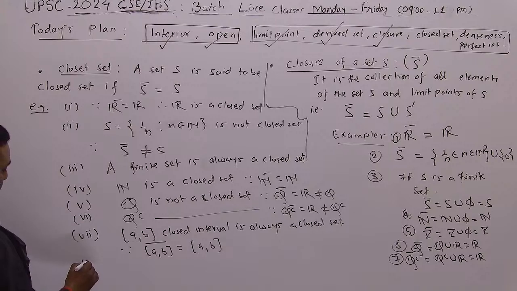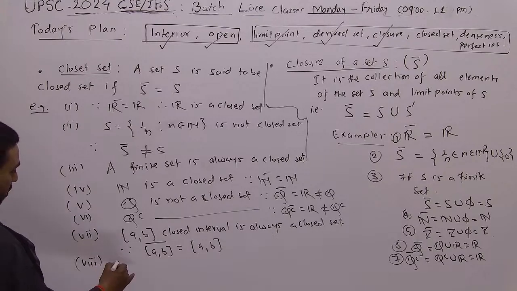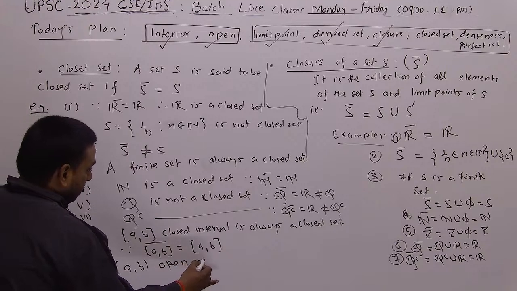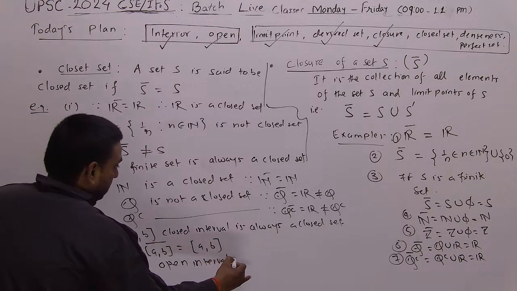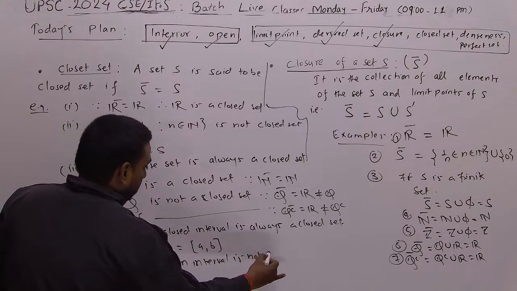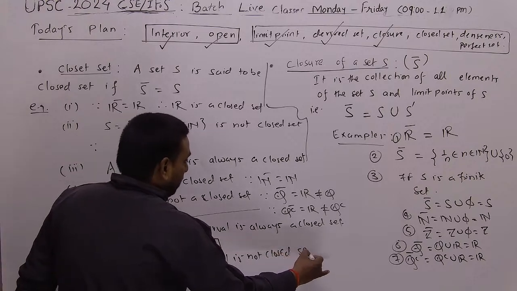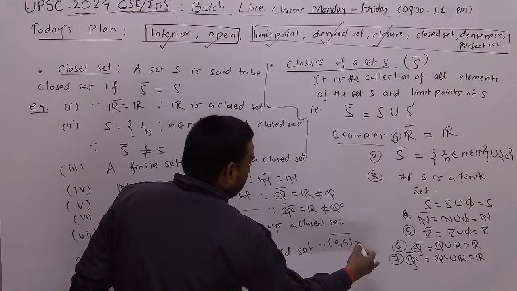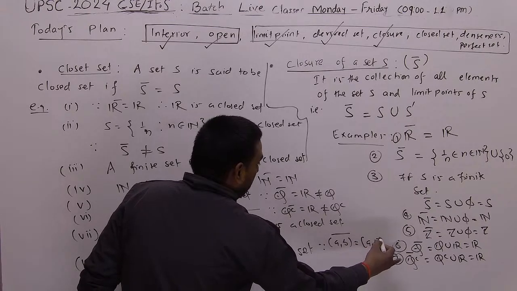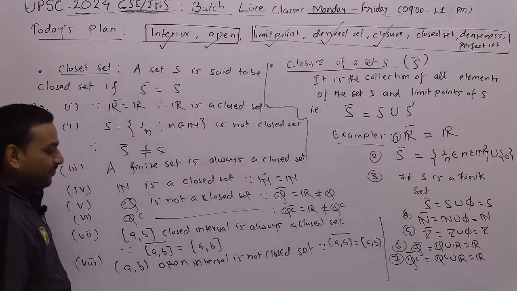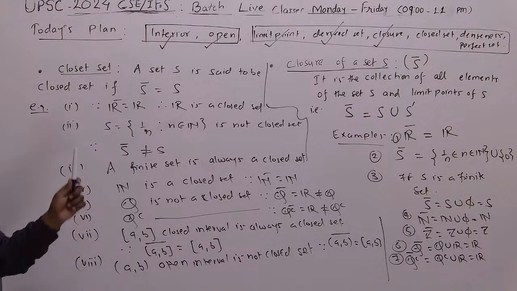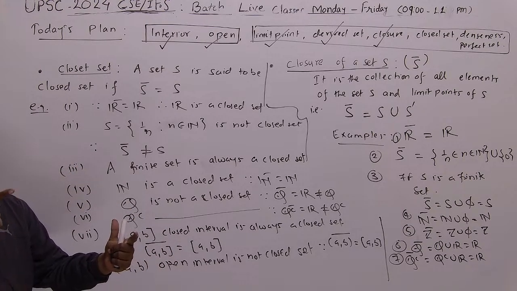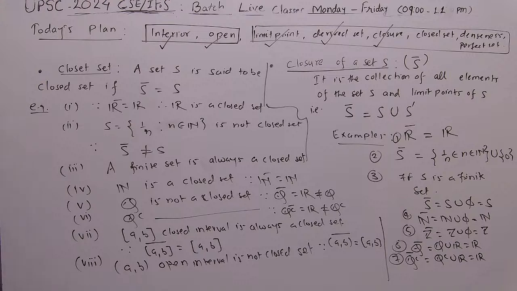Eighth, an open interval (a, b) is not a closed set. Why? Because the closure of the open interval (a, b) is the closed interval [a, b]. Write it down properly, and if you have any doubt now, you can ask without any hesitation.